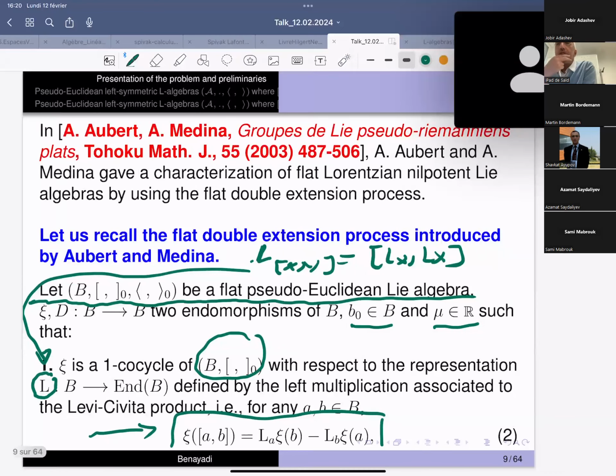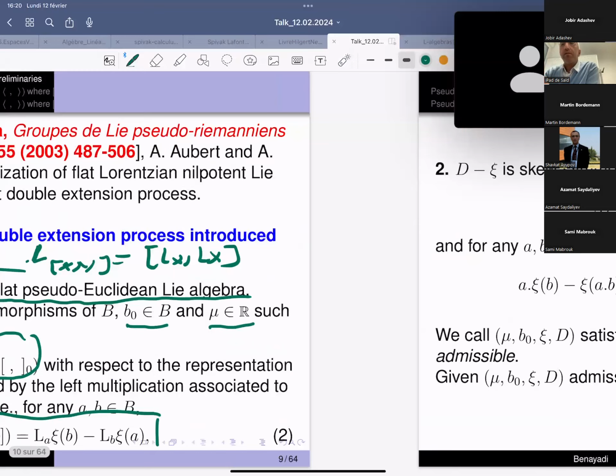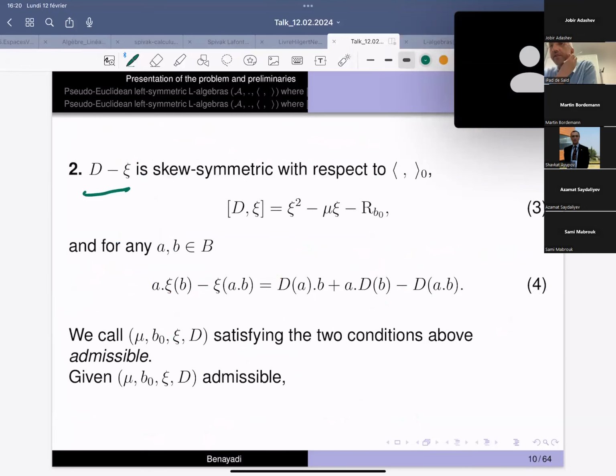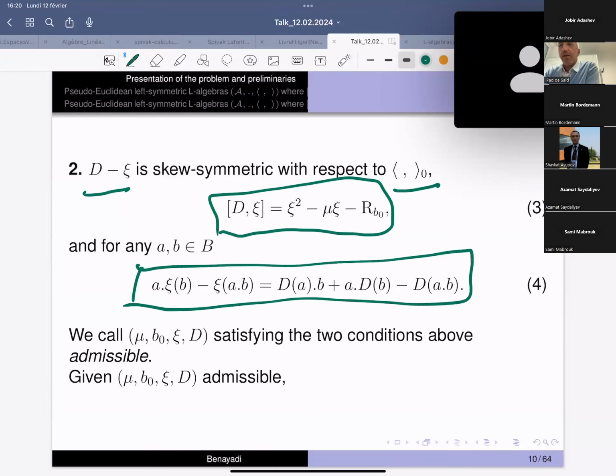The second condition is that this endomorphism is skew-symmetric with respect to this one, and we have this condition, and for any element we need this one.